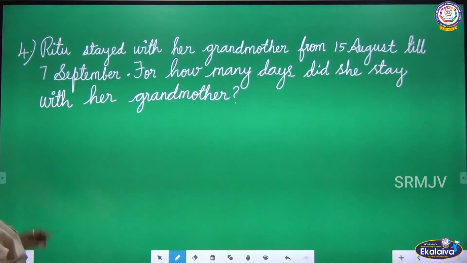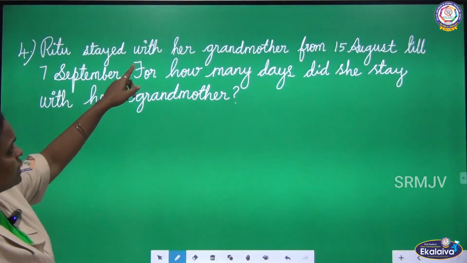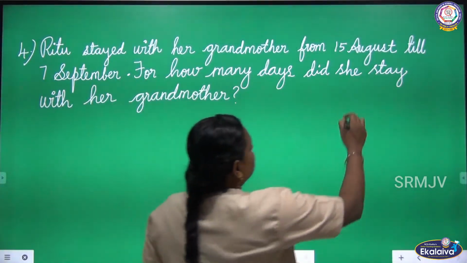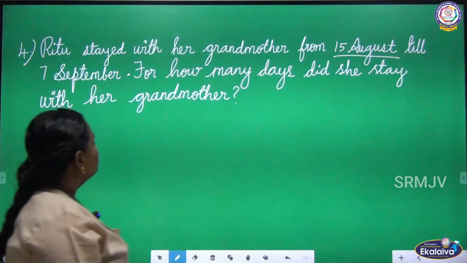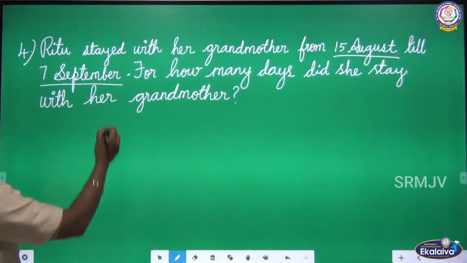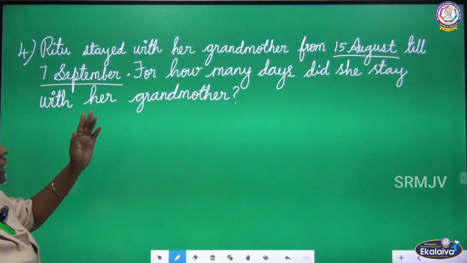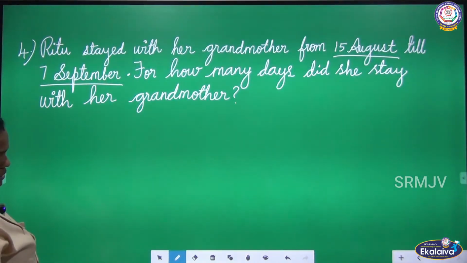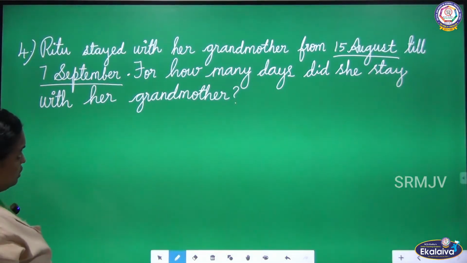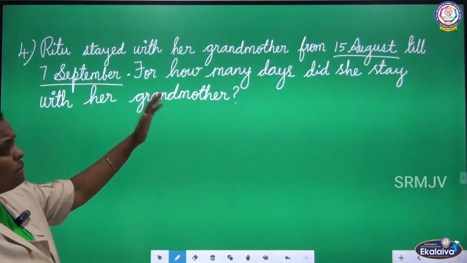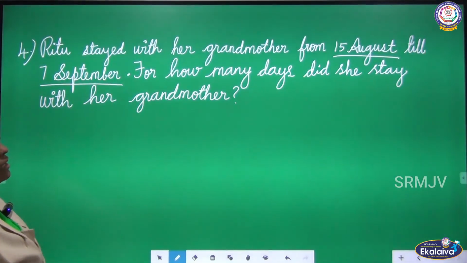Next one, Ritu stayed with her grandmother from 15 August till 7 September. For how many days did she stay with her grandmother? So we are going to find out the number of days stayed with her grandmother.